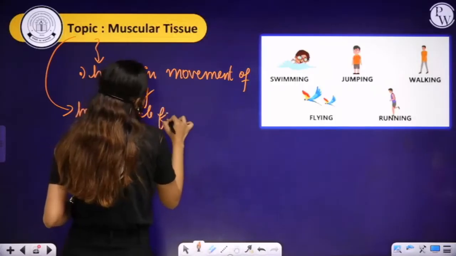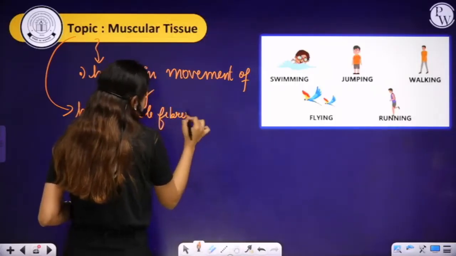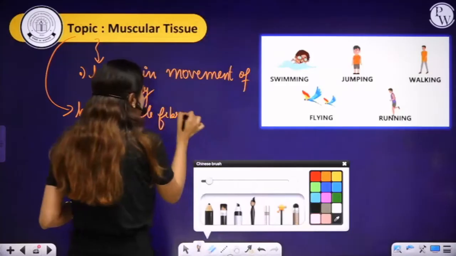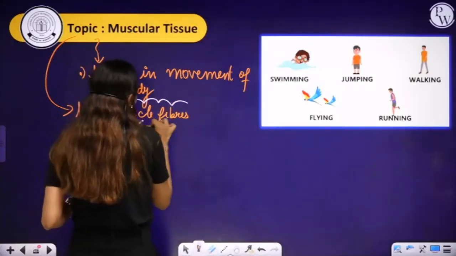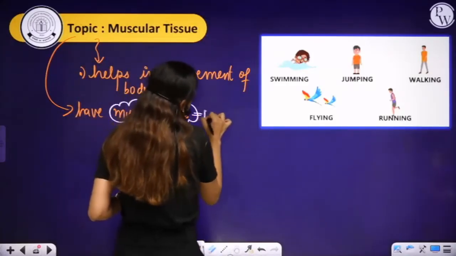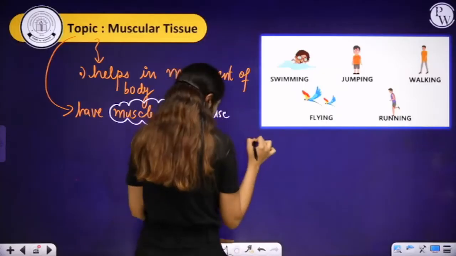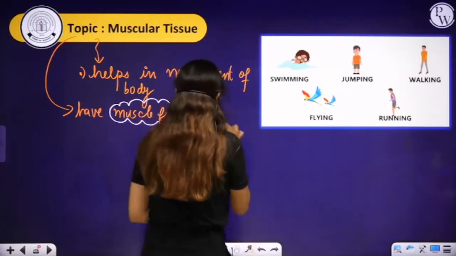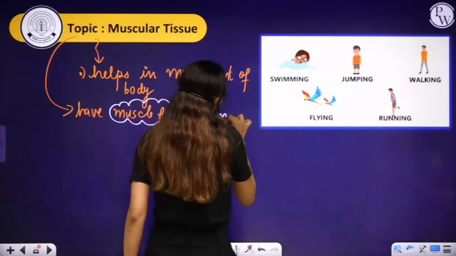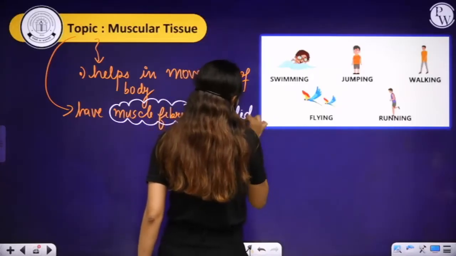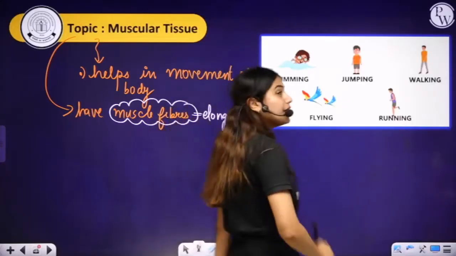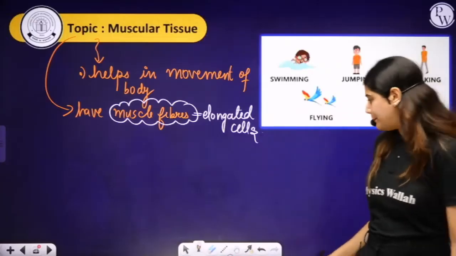Muscle fibers are nothing but elongated cells. They are the cells of the muscles. Now, if we talk about these cells, they have special proteins in them, right?